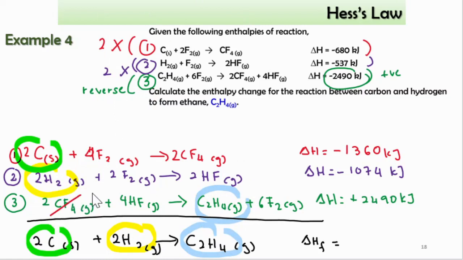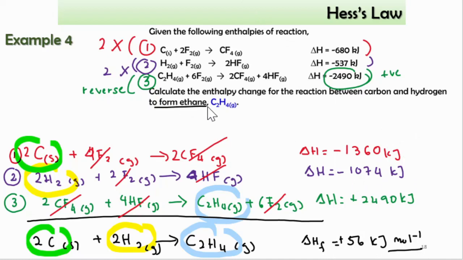Is it on the same side? And then cancel off the rest of the species that are not related to your target equation. Let's say if you balance wrongly, when you cancel off and something is wrong somewhere, it means there must be a problem with your balancing of the equation. So just double check.